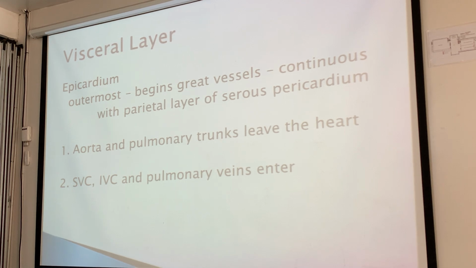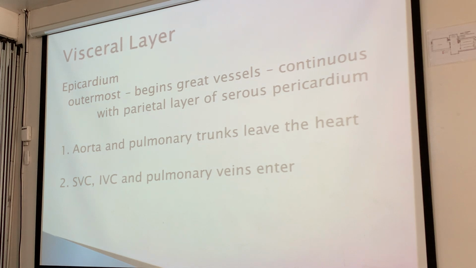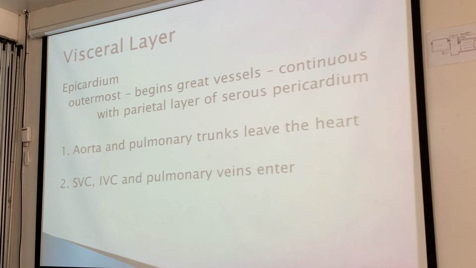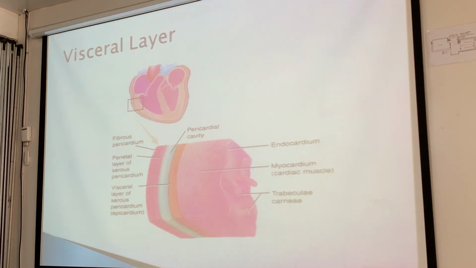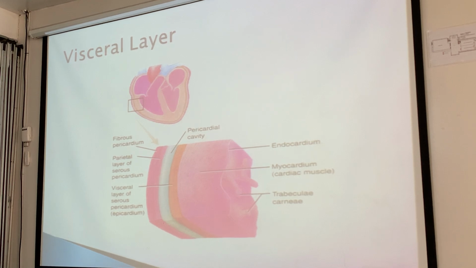Take note again, as a review, these are the great vessels that go away from the heart. These are the vessels that enter the heart. We're not very specific yet whether it's right or left. Okay, so in general, again, the layers of your pericardium. You have the parietal layer, you have the cavity here, then you have the visceral layer, which is also known as the epicardium.